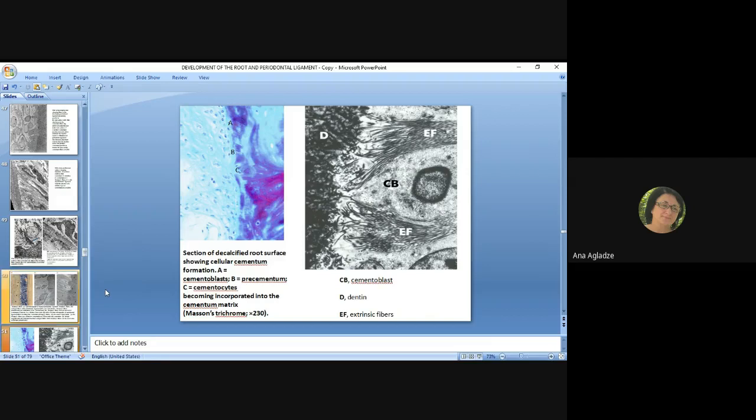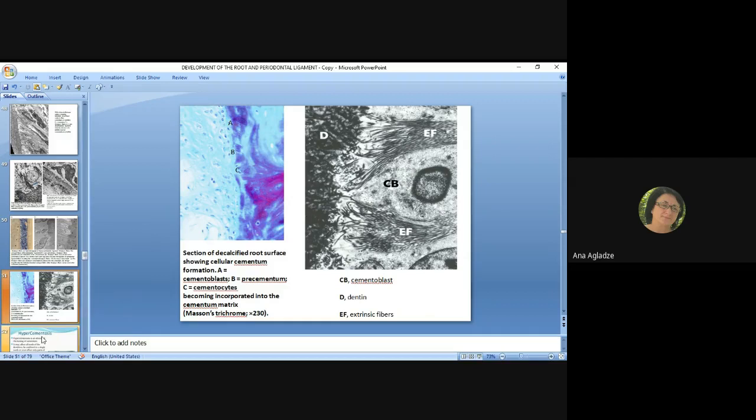In the apical region, however, the thin layer of extrinsic fiber cementum is covered by one or more often thread-like layers of thin intrinsic fiber cementum, which alternate with the thin layers of extrinsic fiber cementum.